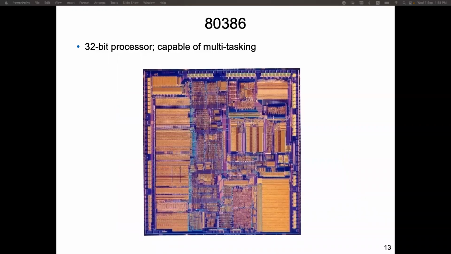Next milestone in the CPU development, CPU being a representative of digital circuits, is the 80386 CPU by Intel. It's the world's first 32-bit processor, capable of multitasking. A single core. All these are single core CPUs.